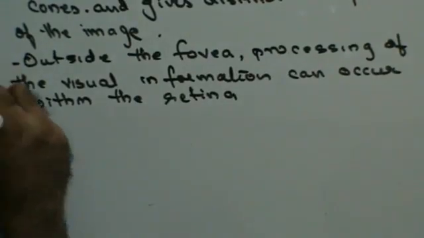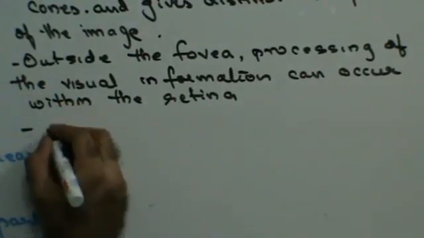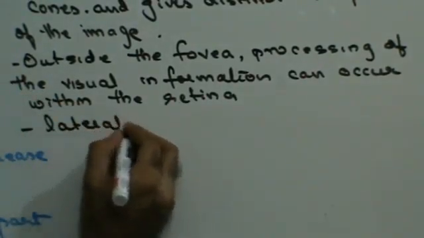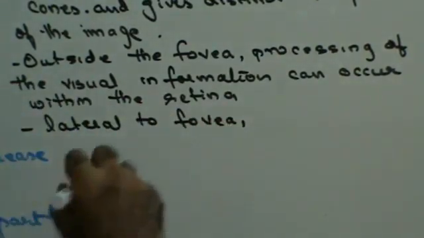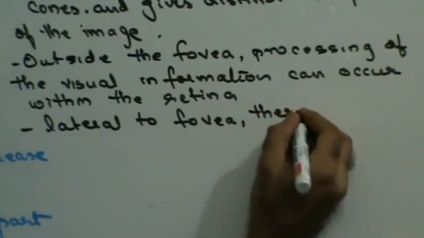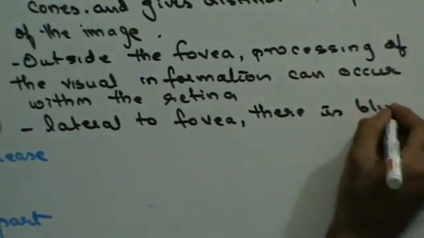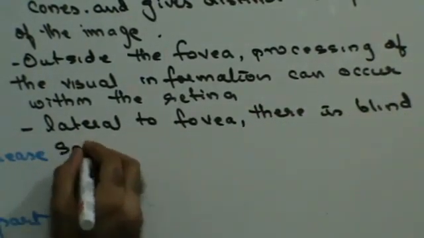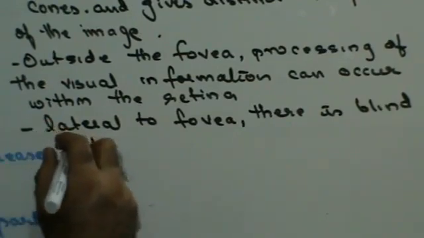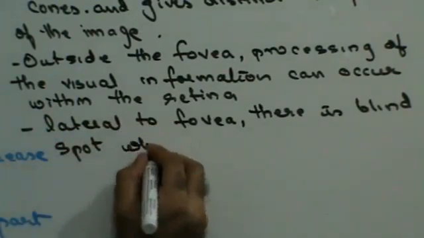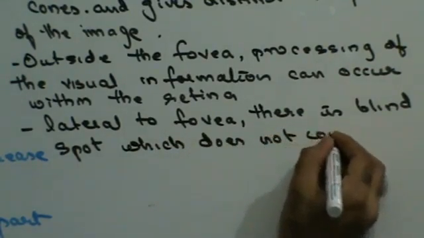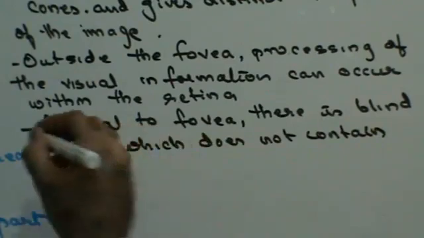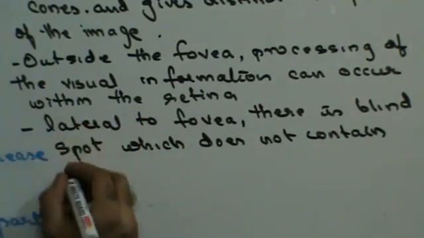Then you have the blind spot, that is lateral to the fovea, which does not contain light sensitive cells.